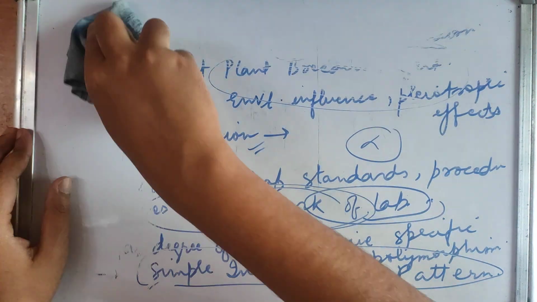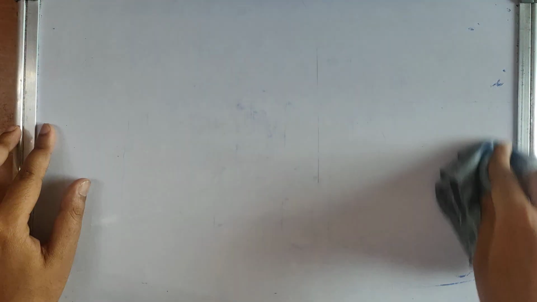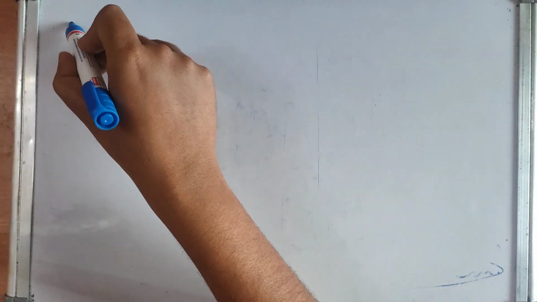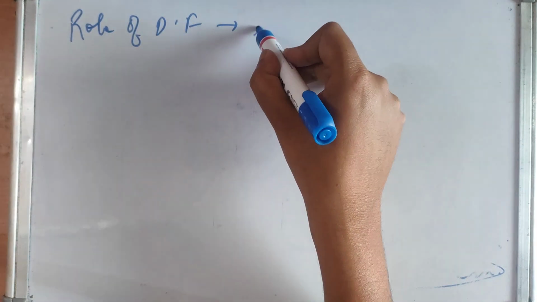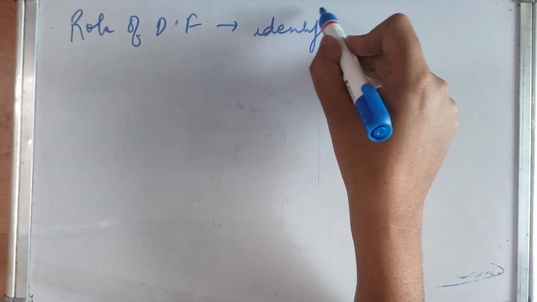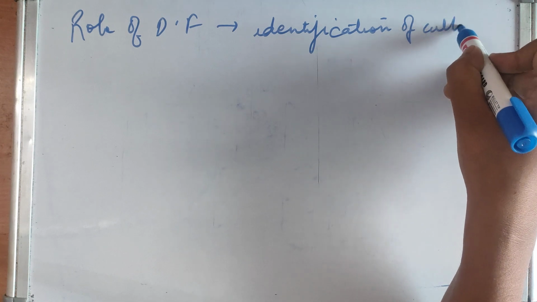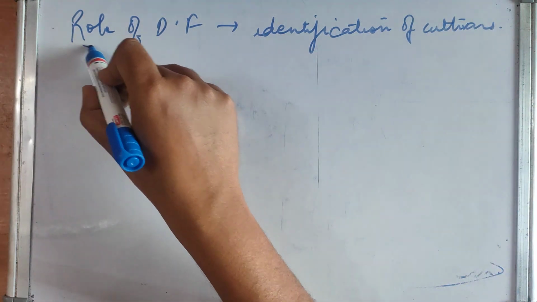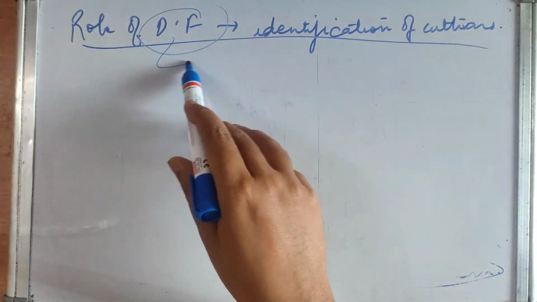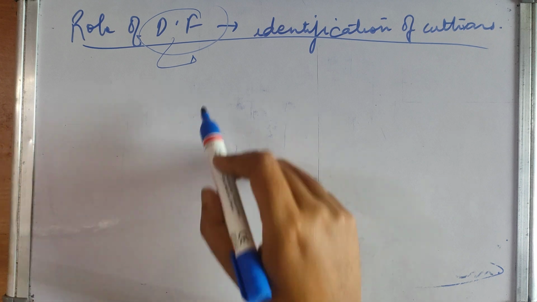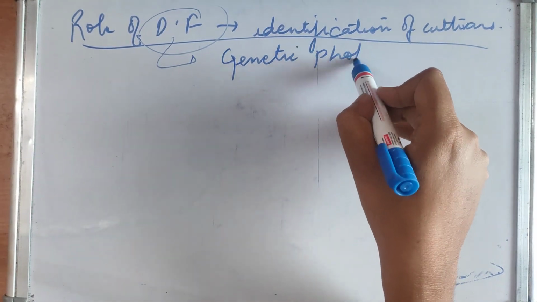Now, what is the role of DNA fingerprinting in identification of cultivars? We all know that DNA fingerprinting can be called a genetic photograph.